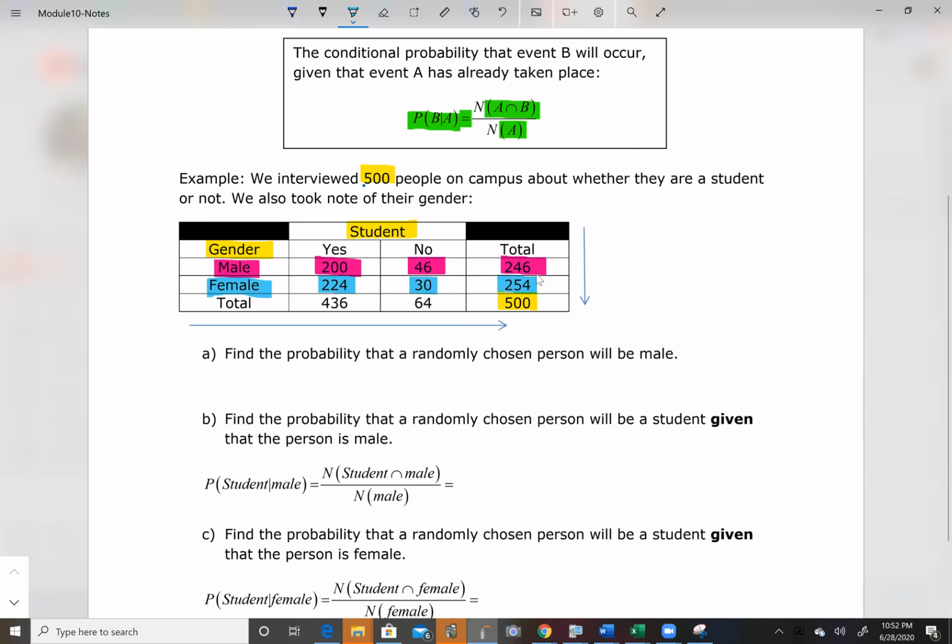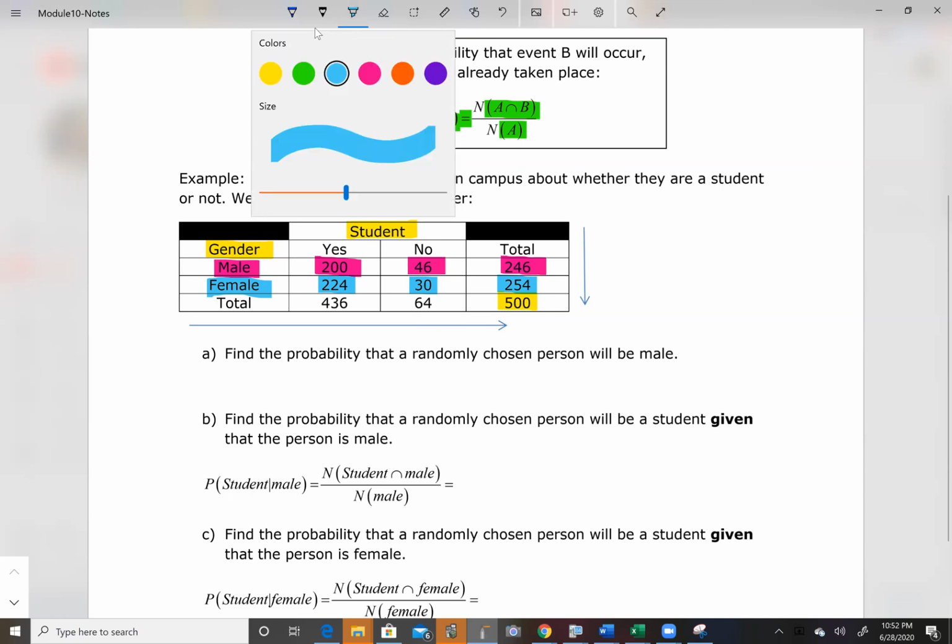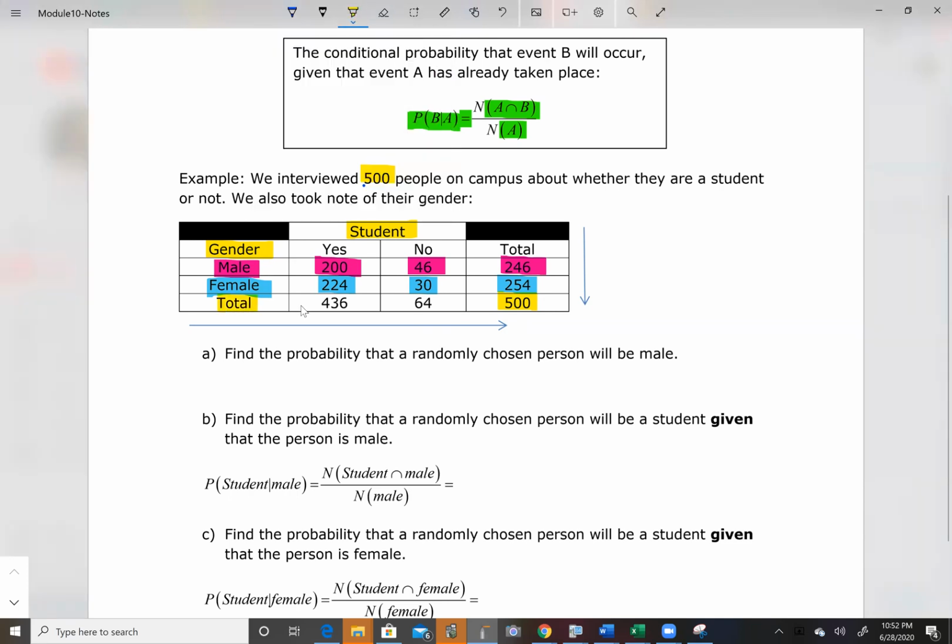When you add 246 plus 254, you get 500. And then down here, we also have totals. The total number of students was 436. Well, that makes sense because they interviewed these people on campus, so it makes sense that the majority of the people were students. Probably the other people were faculty or staff or family of the students. So 64 were not students.